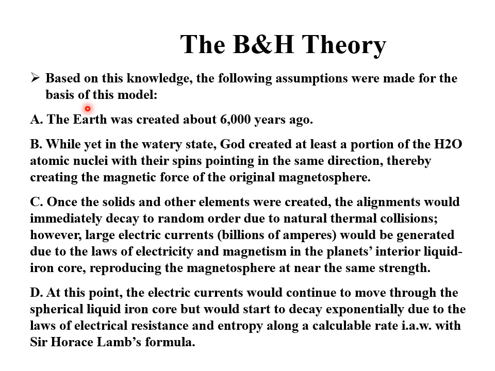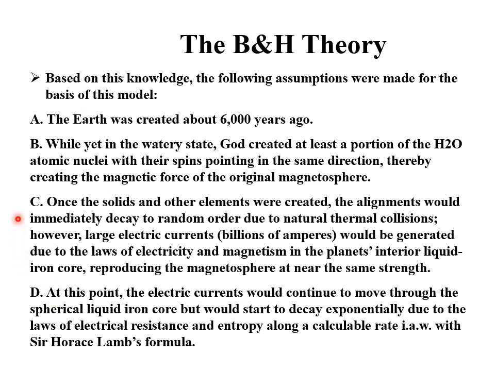However, if you align those spins to go to the same directions, now you could get a magnetic force, thereby creating a magnetic force of the original magnetosphere. All right, so God created at least a portion of the H2O atomic nuclei with their spins pointing in the same direction, thereby creating a magnetic force of the original magnetosphere.